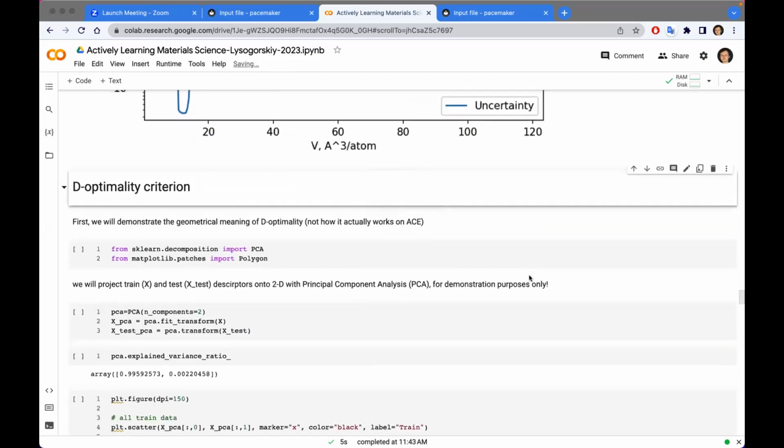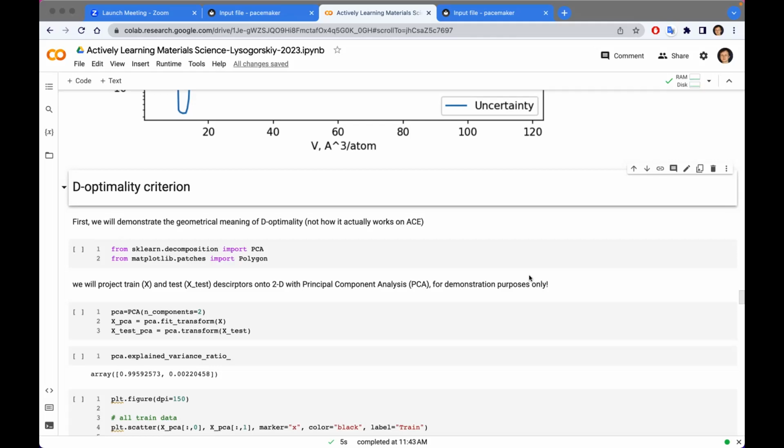Now we can go to the optimality criterion, and for that I first would like to drink some water, and then I will show this geometrical interpretation. Because this active set is constructed in this hyperspace of 68-dimensional basis functions, it's hard to draw 68 dimensions on a two-dimensional screen.